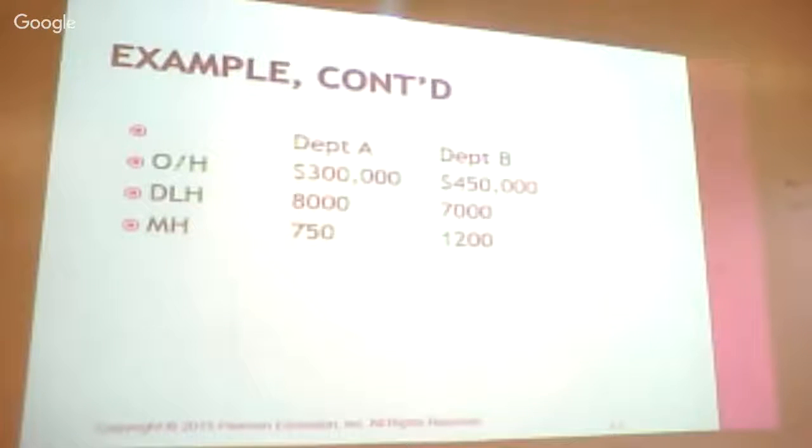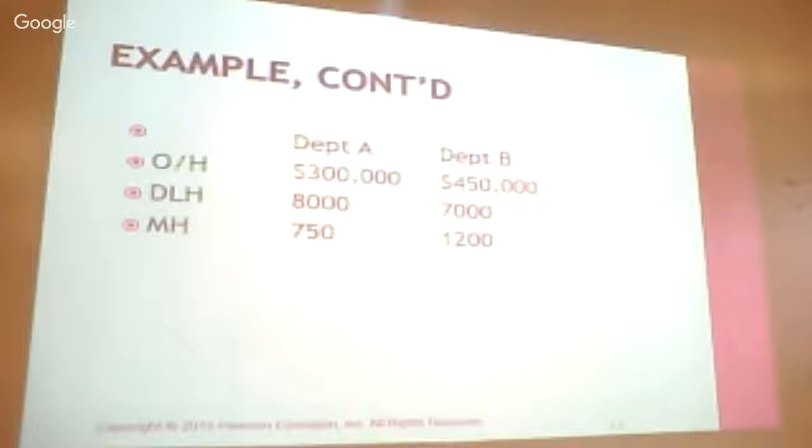Okay. And so what's 300 divided by 8? Anybody can help me out here? 300 divided by 8. I got 3.1.